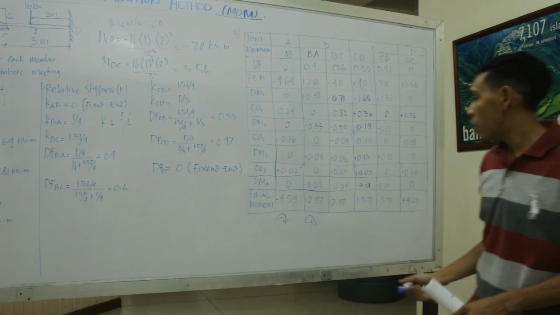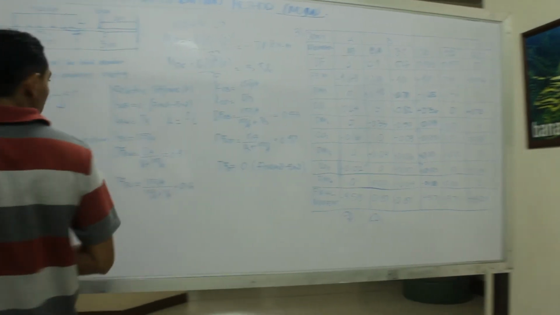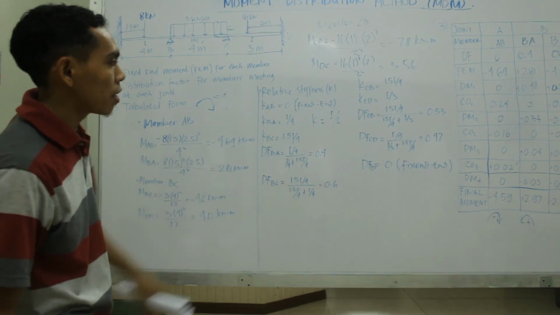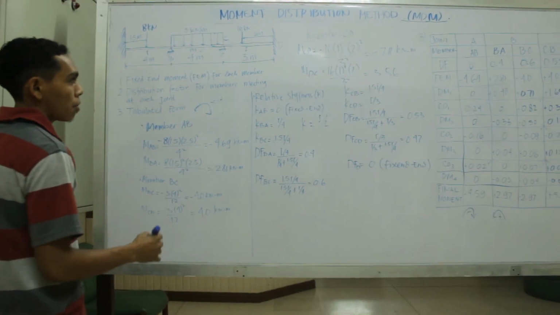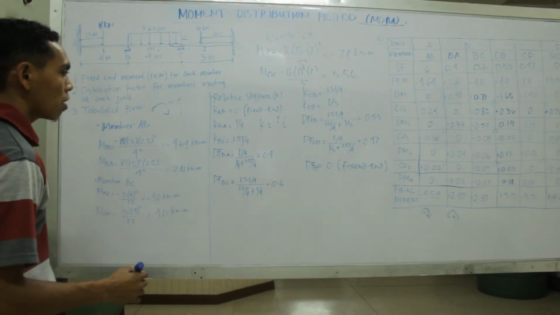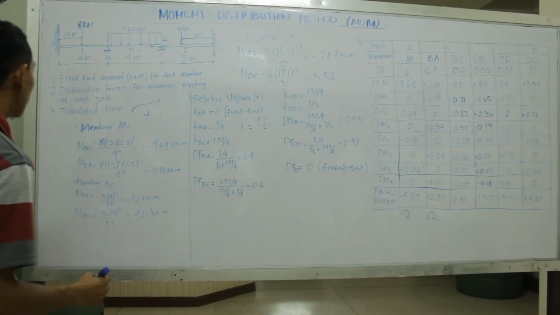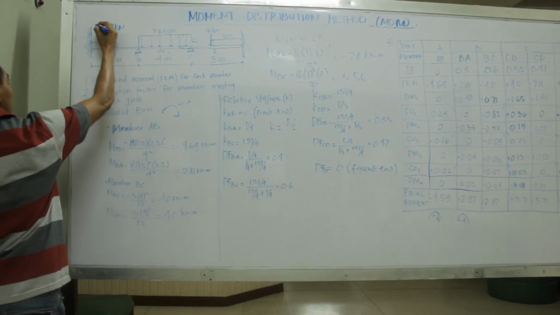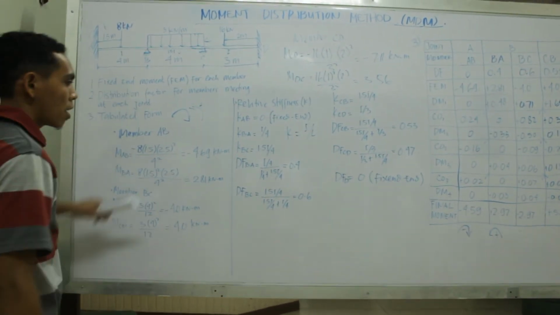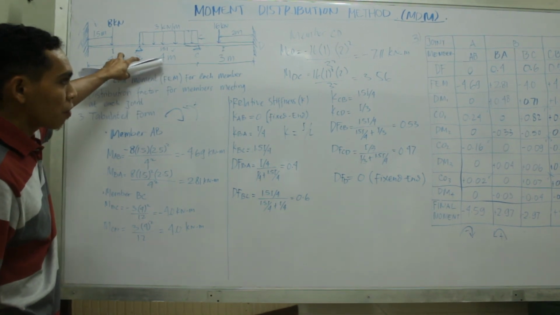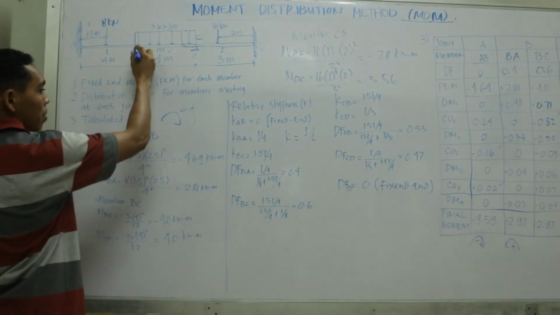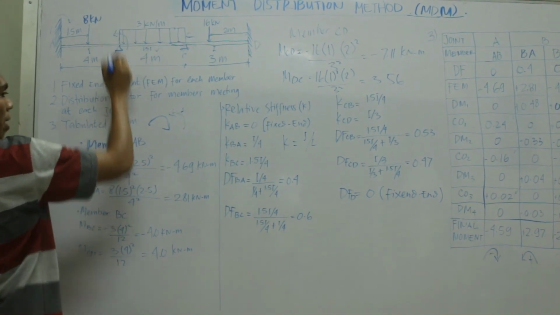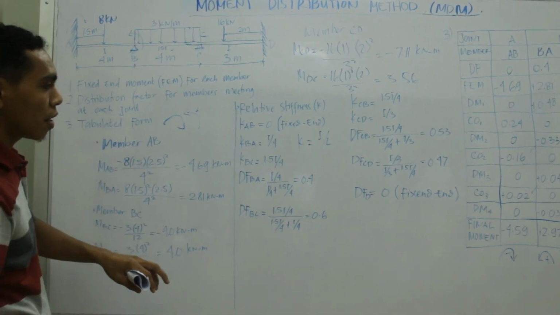So here we can now put the direction of the moment. For the moment at point A, or member AB, we have a negative value of 4.59. So this is the direction of the moment. It's clockwise. And for BA here we have positive, so this is counterclockwise.